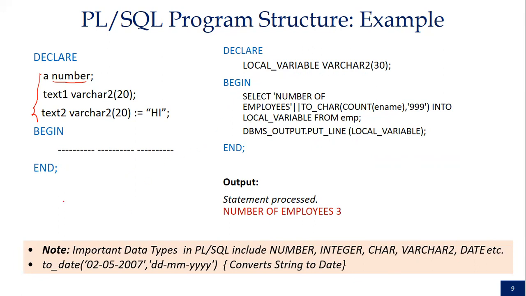Okay, so here you can put the slash symbol to make it executable. Here we have written the SQL query inside the begin and end, like select number of characters.